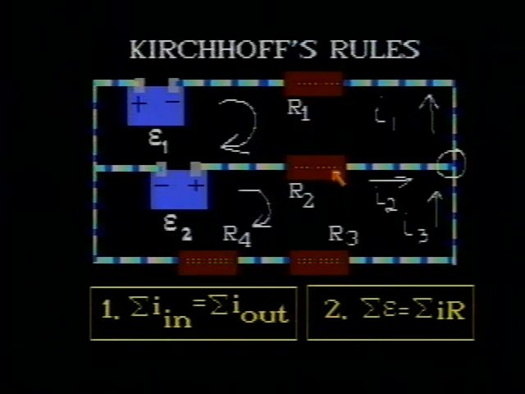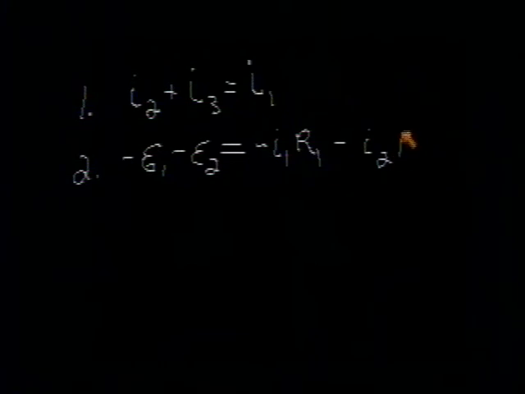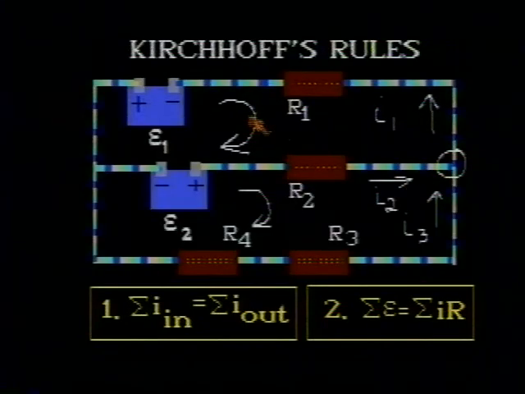We pass through it in this direction. The current I2 is going in the opposite direction. It will be negative. So I2 times R2, again negative. That is all of the resistors in that loop, so that is our complete equation.